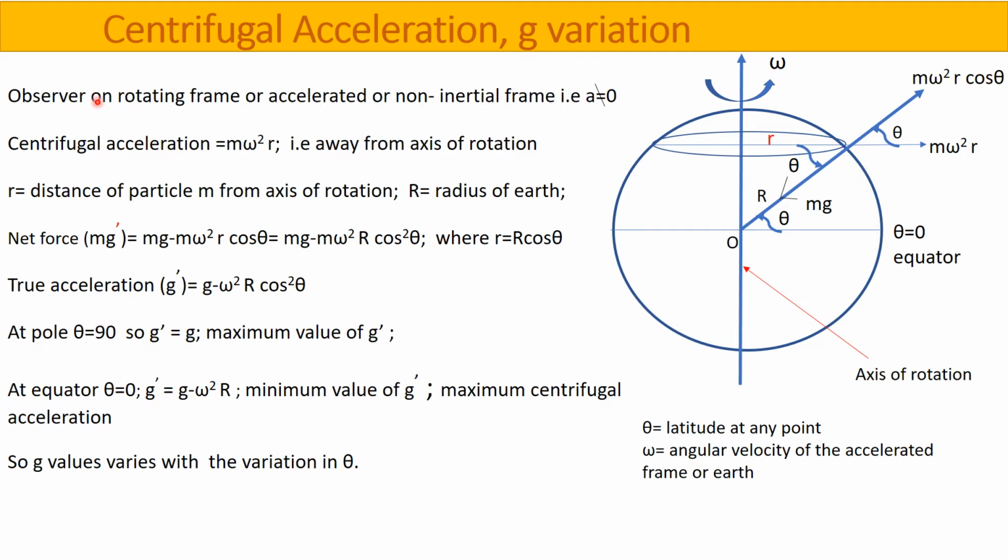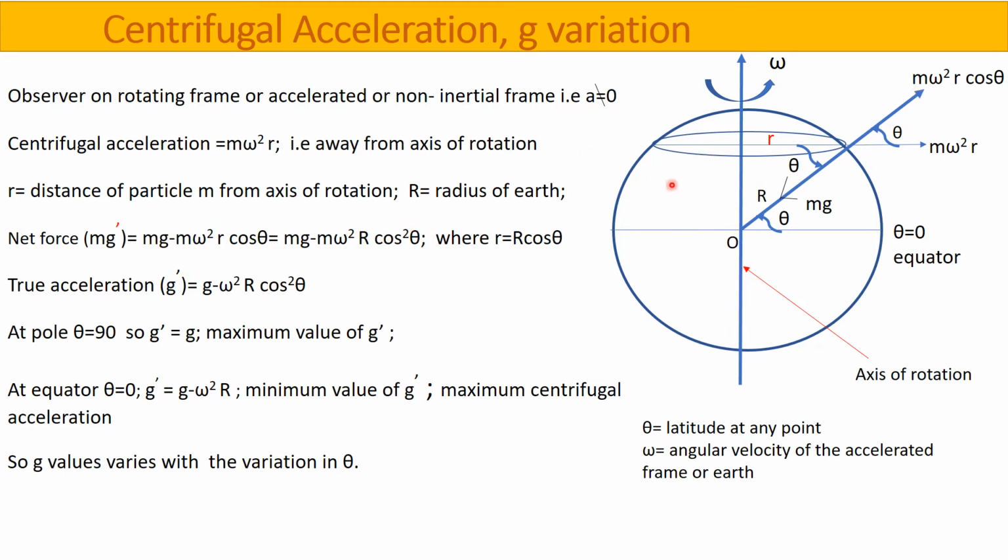The component of m omega square r along this direction is m omega square r cos theta, and the net force will be mg minus m omega square r cos theta.